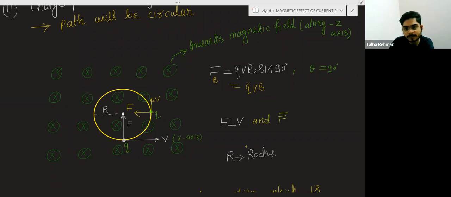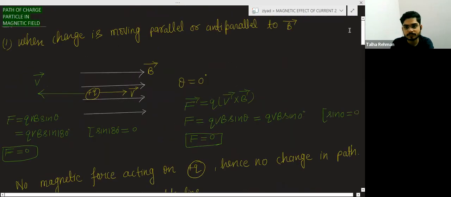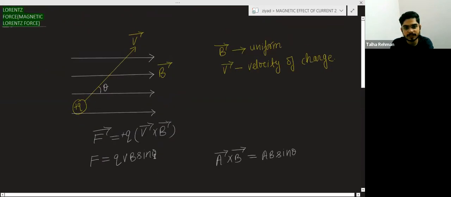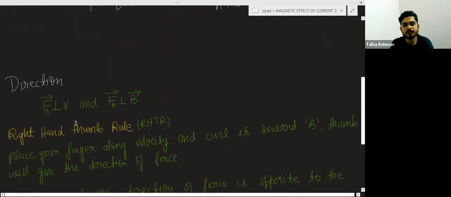And how is this force perpendicular to the magnetic field? Because I have told you earlier that from this formula I will get this. This is the cross product I have told you here.